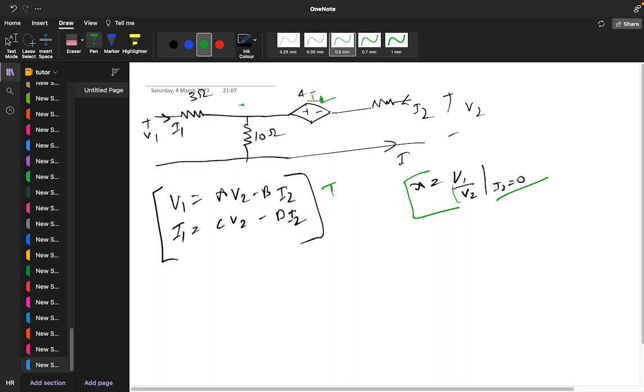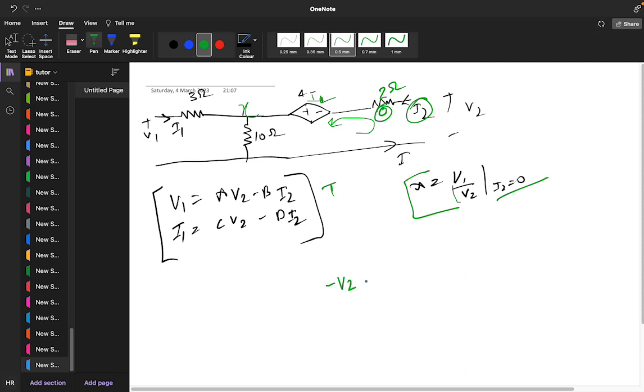So suppose this is X. Do the KVL. So what you will get? This branch resistor is 2 ohm. If you are making I2 equal to 0, you are getting 0 volt here.